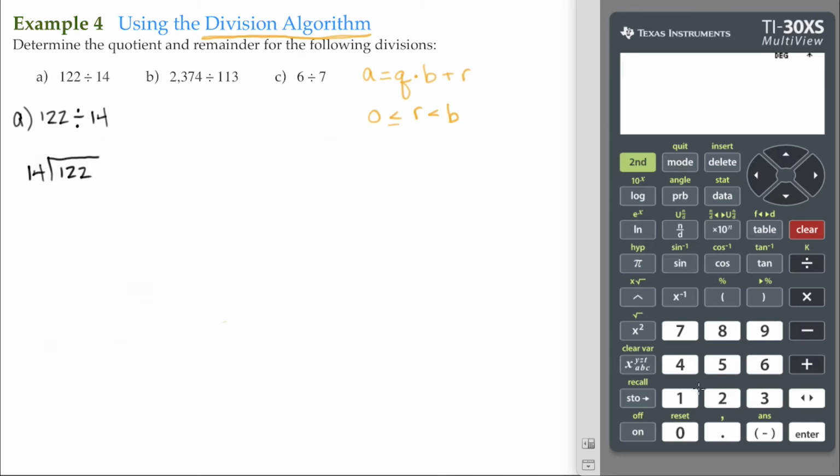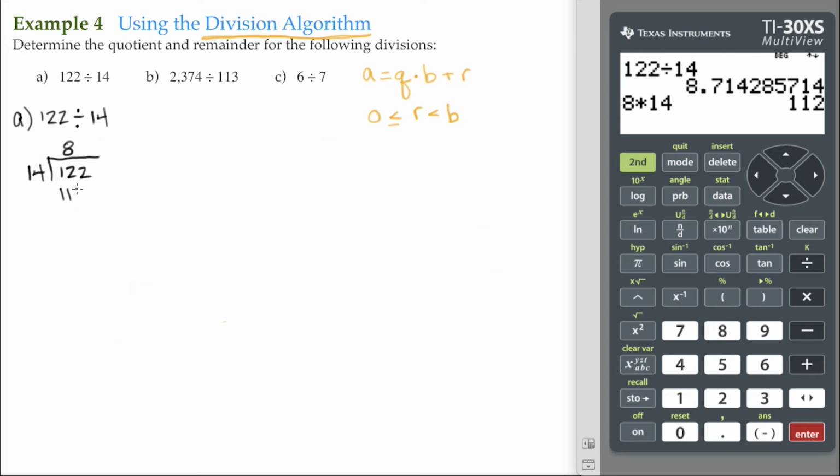So on our calculator, I'm just going to type in 122 divided by 14. And we have a decimal output. So 14 does not go into 122 evenly. We have this decimal output. So we round our decimal down to the nearest integer, and that would be 8. So then I put here 8. And then, of course, 8 times 14. That's 112.